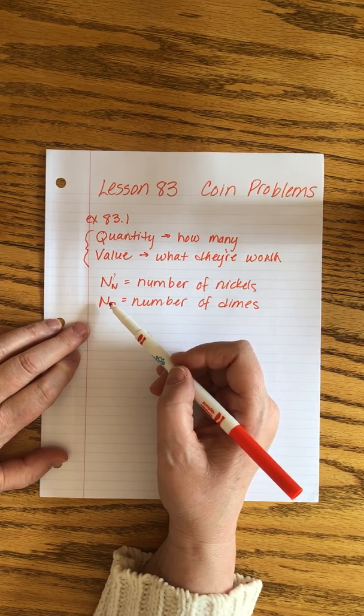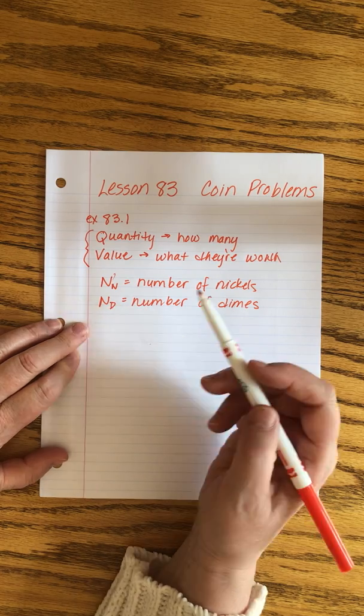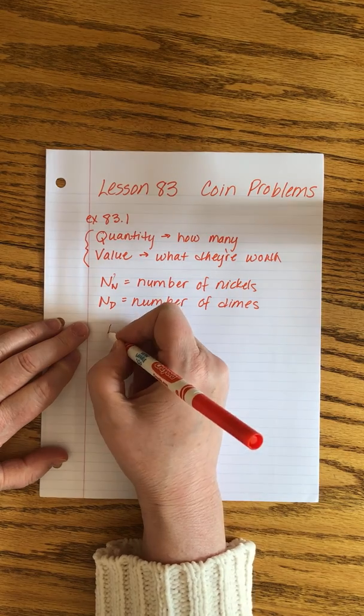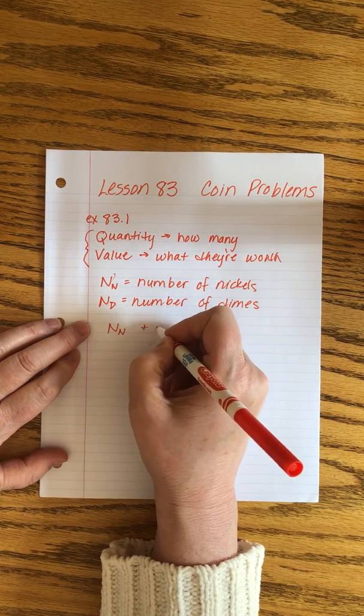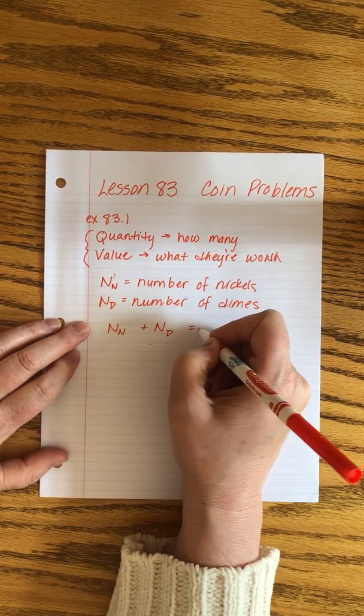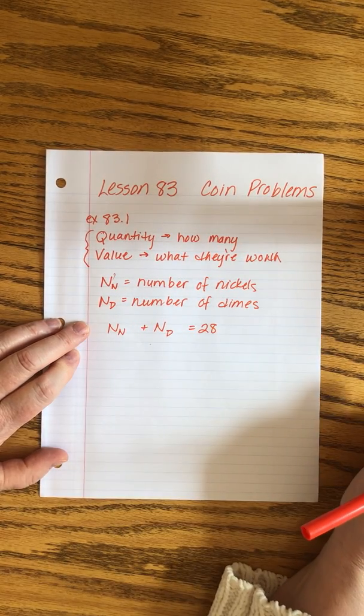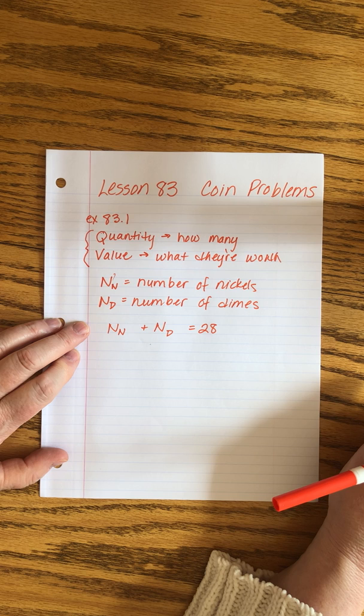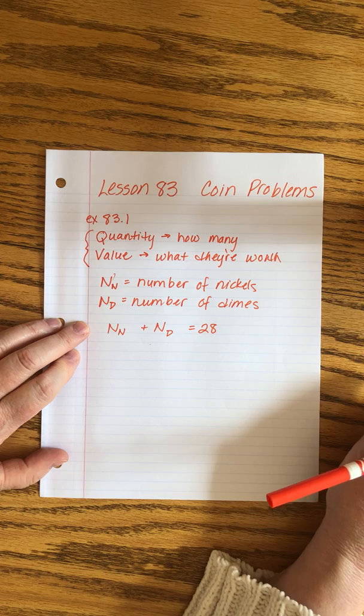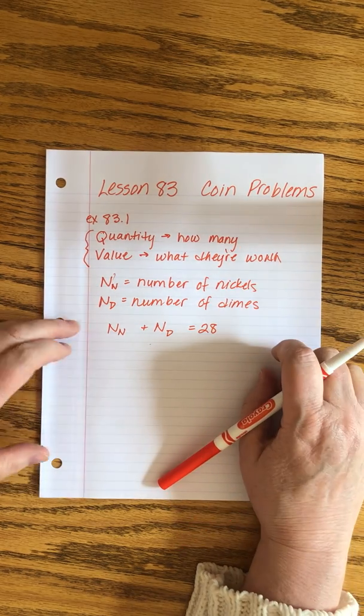So let's go back to the book and see what we've got. Jack and Betty have 28 coins that are nickels and dimes. So the number of nickels they have plus the number of dimes has to add up to 28 coins in all. That's our quantity statement. Now, if the value of the coins is $1.95, how many coins of each type do they have? Okay, the value is $1.95.